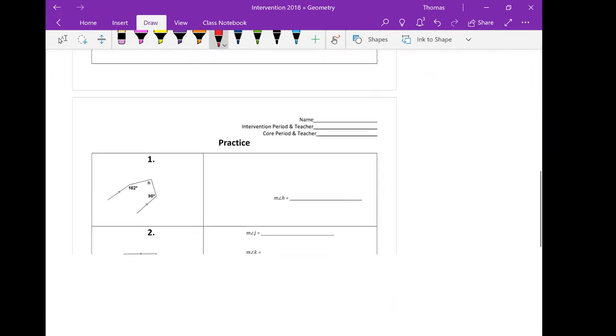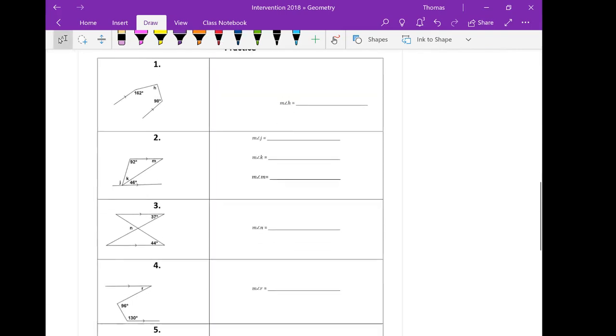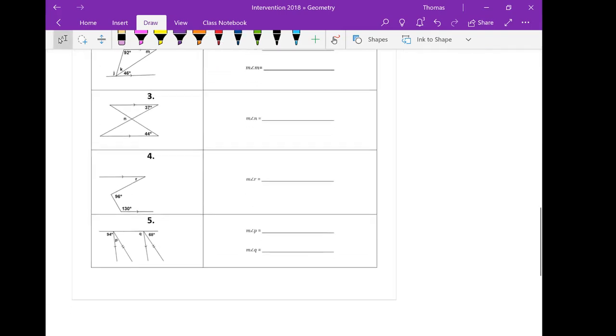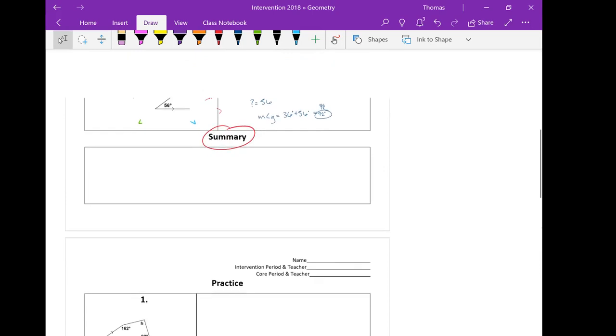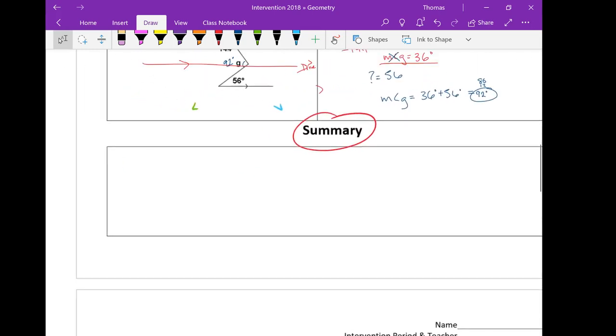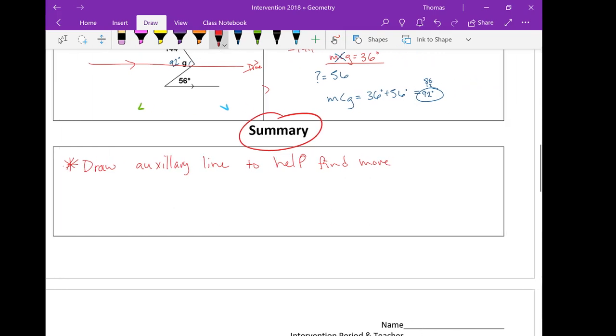So looking forward to our problems, it looks like these all deal with parallel lines and transversals. One thing that we did find really important is to draw an auxiliary line to help find more relationships.